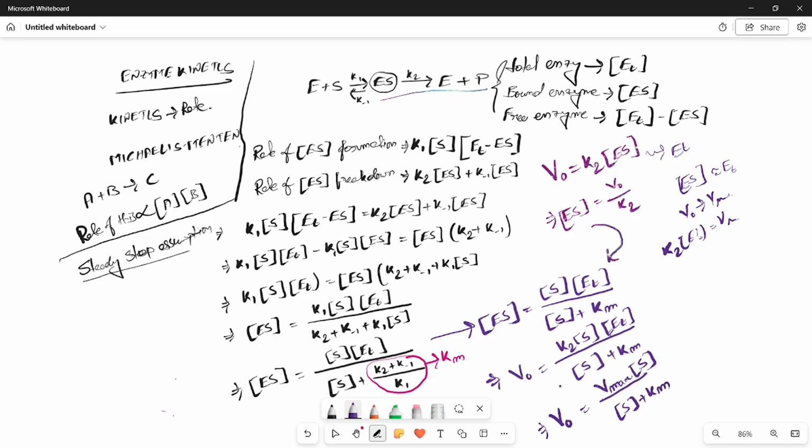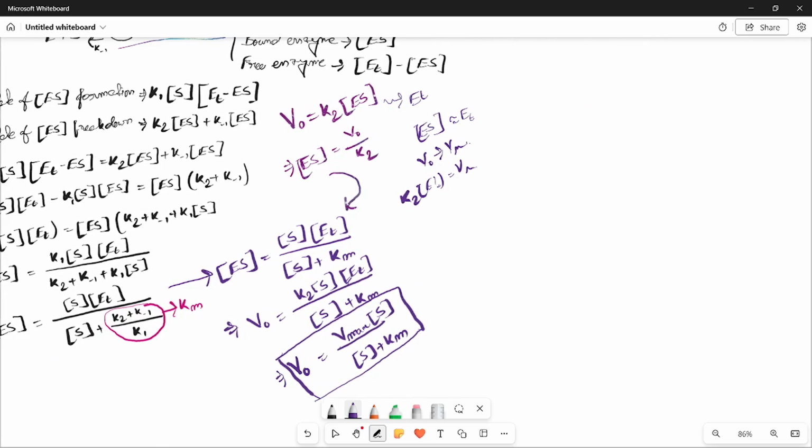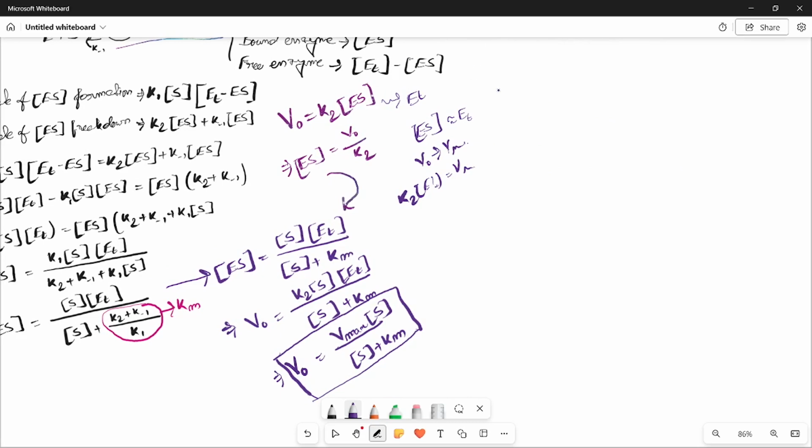And this equation is called the Michaelis-Menten equation. The Michaelis-Menten equation is V naught equals Vmax S by S plus Km. Now, here's the interesting part.